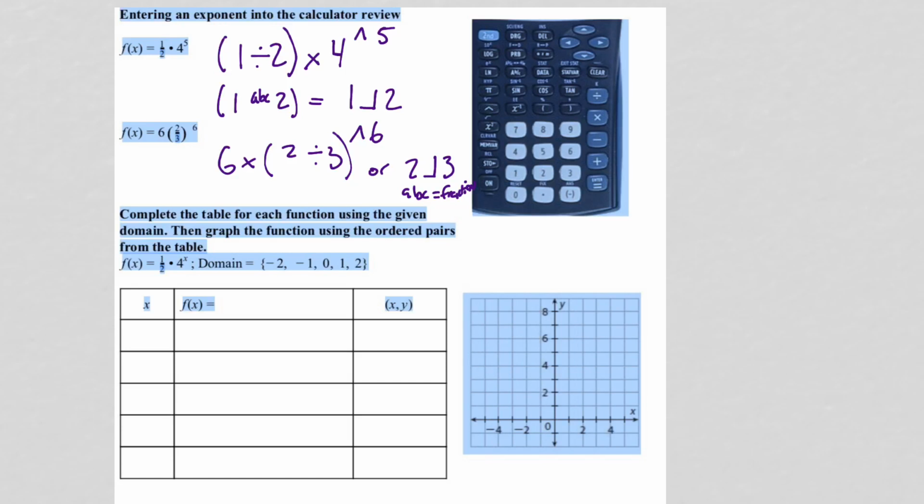So with that in mind, now you should be able to enter in your calculator the values for basically all these different things.